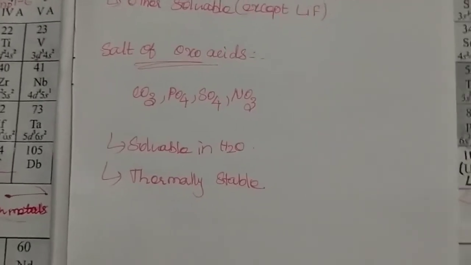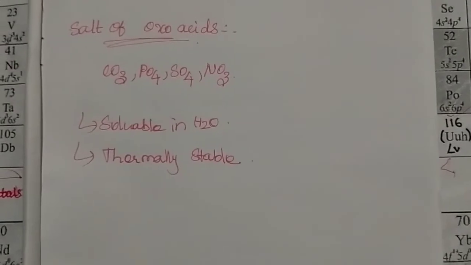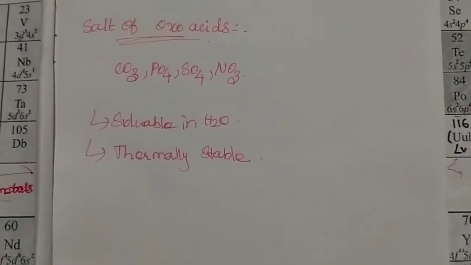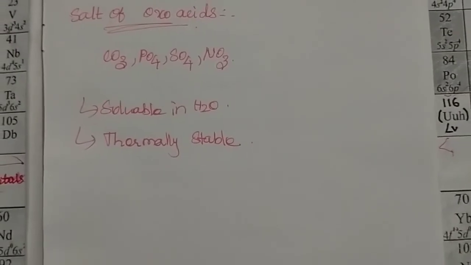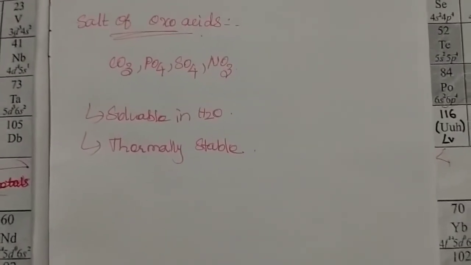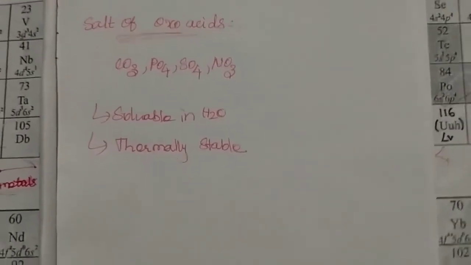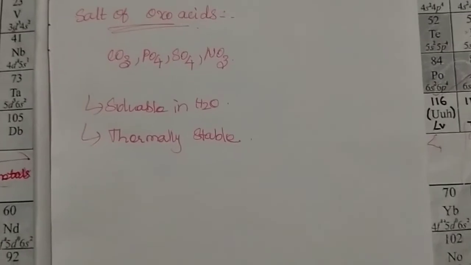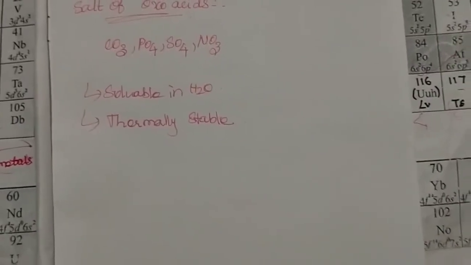That character is known as thermally stable. You know that the electropositive character increases from lithium to cesium. Because of this increasing electropositivity from lithium to cesium, the solubility of carbonate and bicarbonate is also increasing. This is because of the decreasing polarizing power of the alkali metal cation.